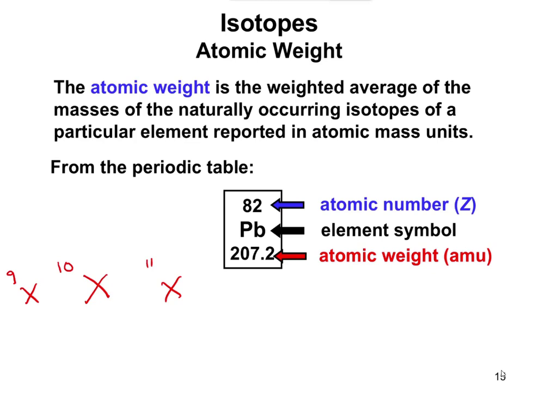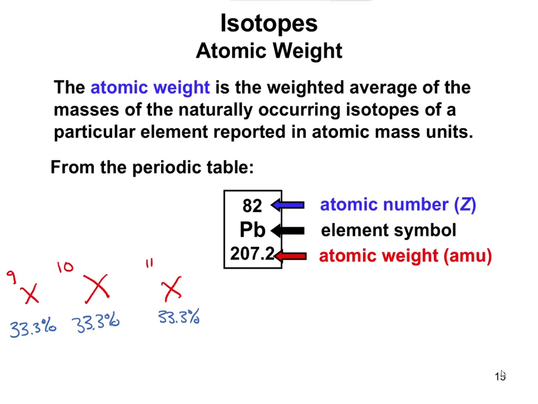So you go out in the whole entire world and you figure out that there is an equal mix of all of these X's. In other words, there's 33.3% of that one, 33.3% of that one, and 33.3% of that one. So the overall relative abundance of each is 1/3.